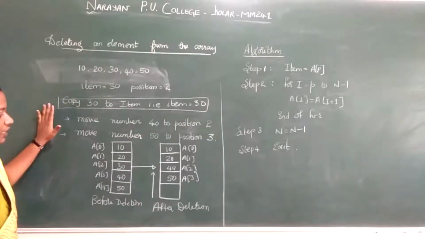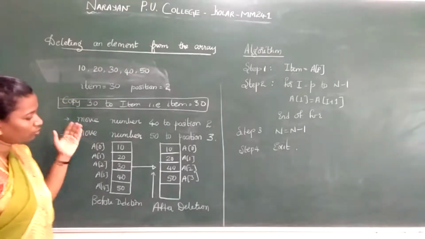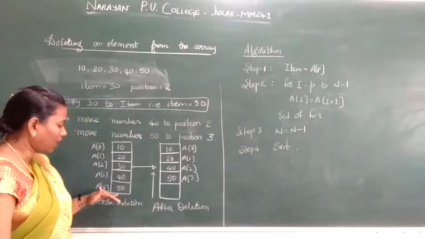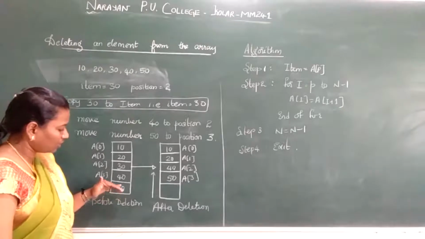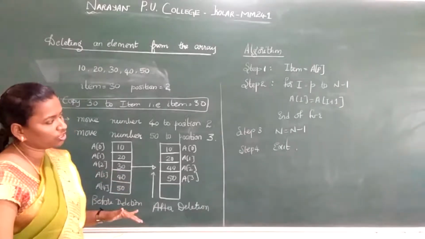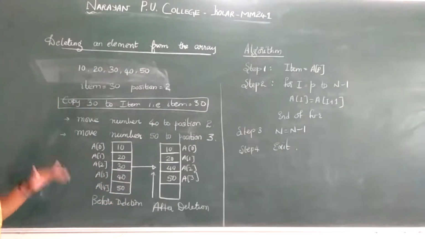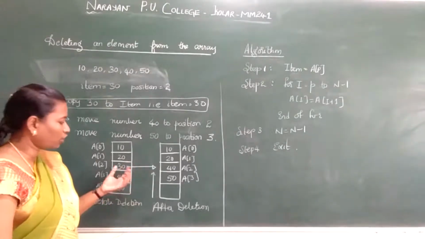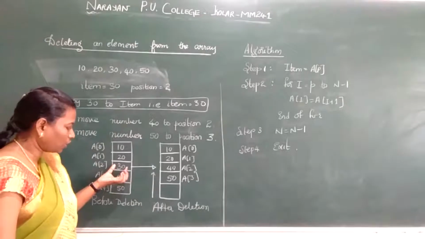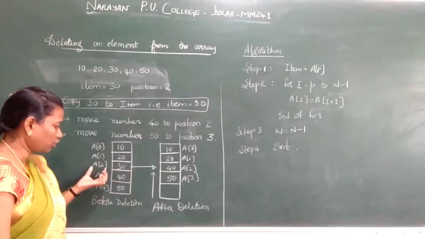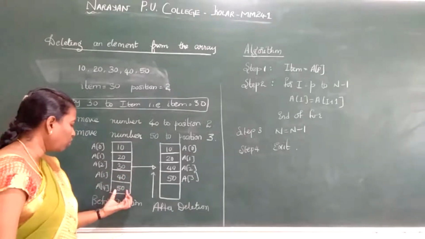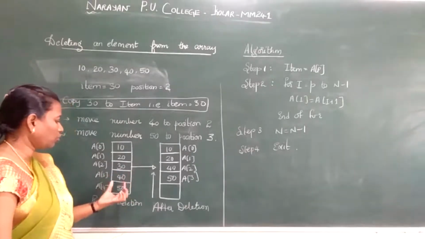Initially, in insertion, we moved the numbers forward. For example, we had 60, which we moved to position 5, and 40 we moved to position 4, and so on. Here we move them upward. Once you delete 30 at position 2, we move 40 to position 2 and 50 to position 3.